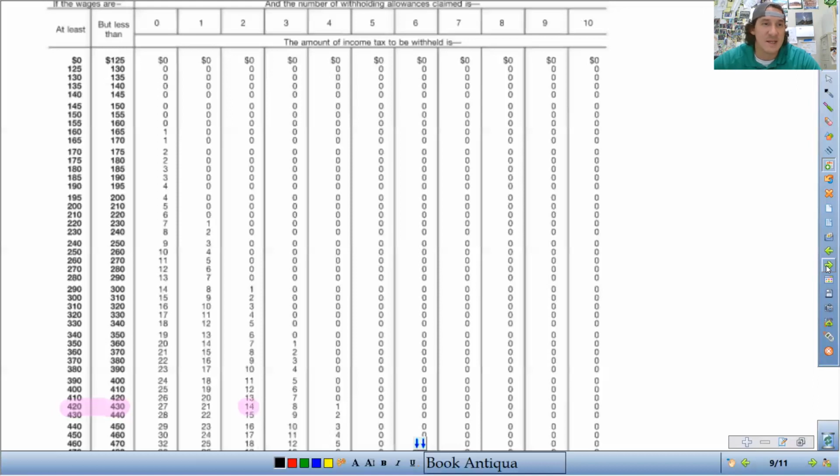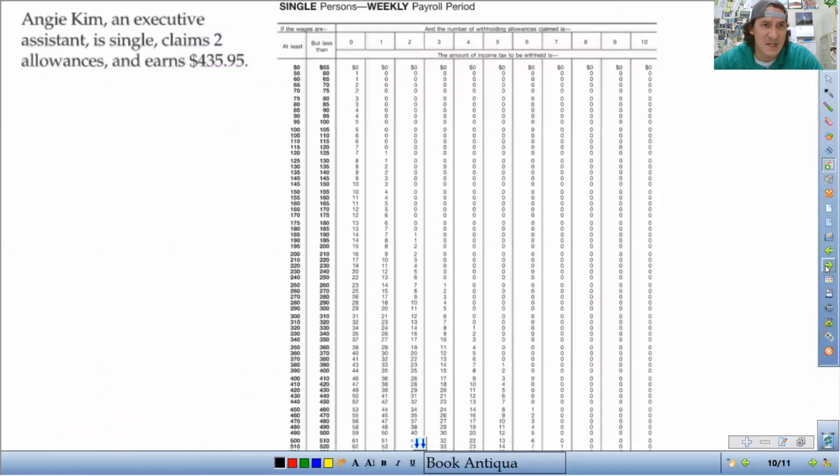Let's look at the next example. Angie is an executive assistant. She is single, claims 2 allowances, and earns $435 a week. For this one, this is a separate table for single people, as you can see at the top there. $435.